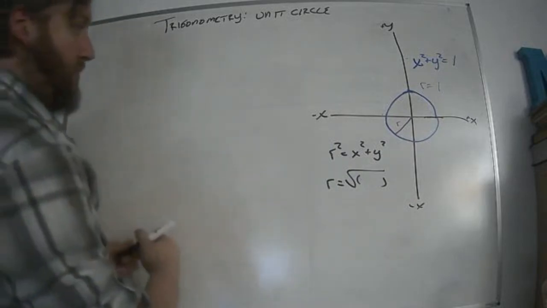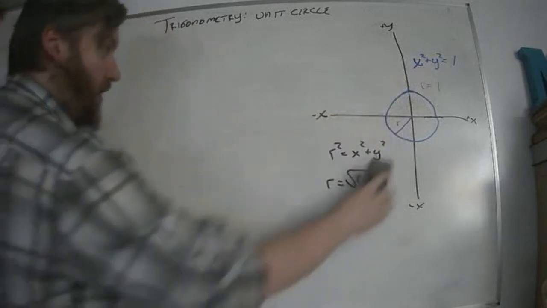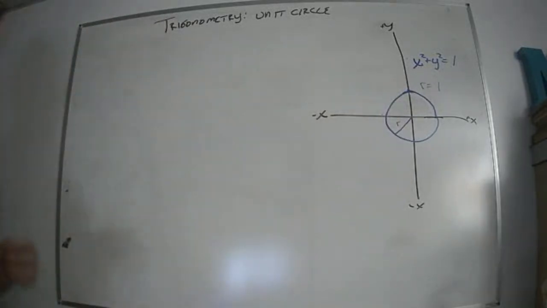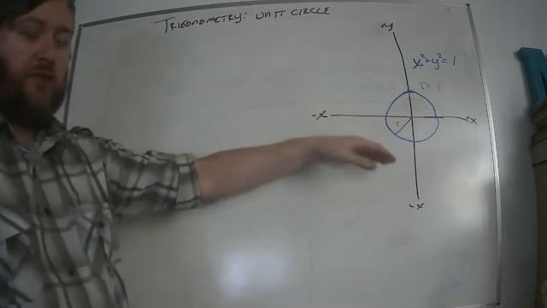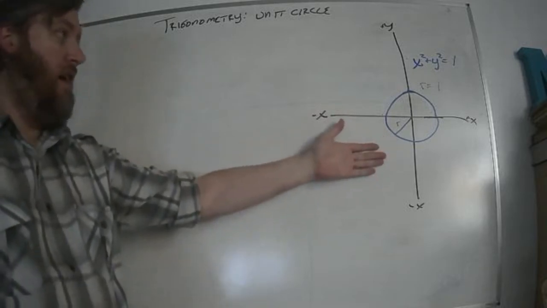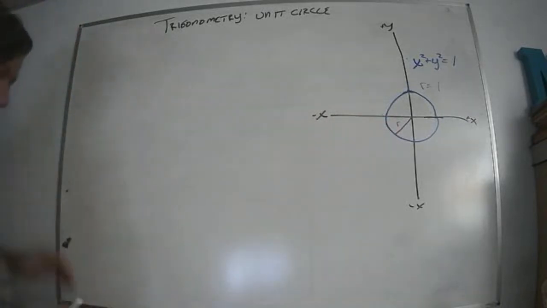If the radius is 1, 1 squared is 1, so we're back to here. And we say the unit circle because instead of talking about any generic circle where we have to deal with r, we'll just assume r equals 1, which makes this the simplest it can be. And therefore, we can determine things about this circle doing it this way.